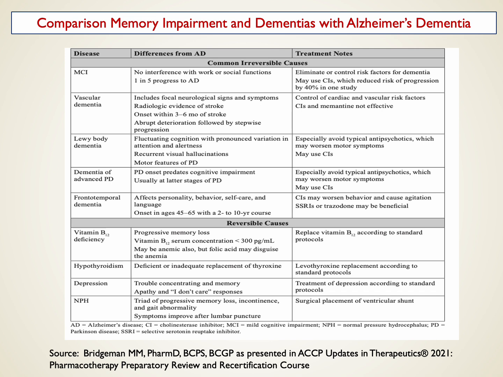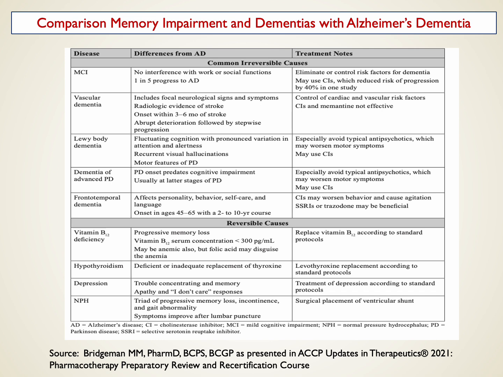So first of all, things that are involved in memory impairment or dementias and how that's compared with Alzheimer's. Here's a table that we talked about earlier in the year in neurology that covered that. And so some of the differences we see with mild cognitive impairment or vascular dementia, Lewy body dementia, Parkinson's disease, or prefrontal dementia, how that compares across the spectrum, and what are some irreversible versus reversible causes.